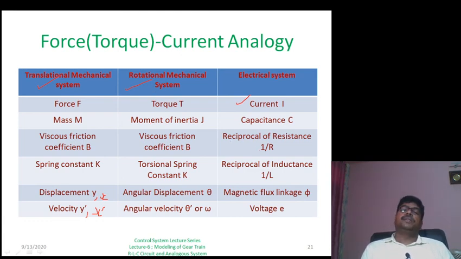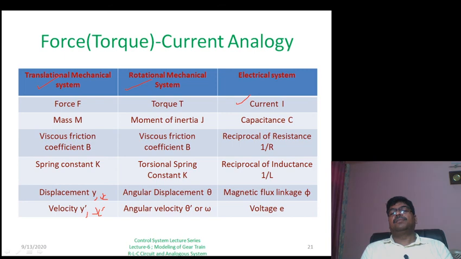And 1 upon resistance is similar to the viscous friction in the translational mechanical system and torsional viscous friction in the rotational system. Here 1 upon inductance represents the torsional spring constant in the rotational system, and the spring constant K in the translational system.